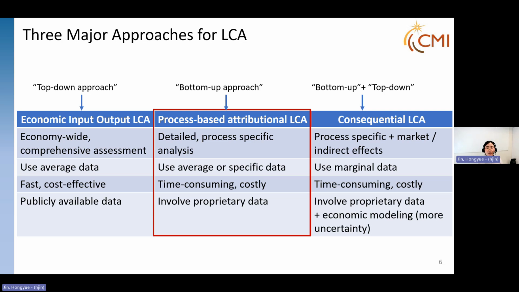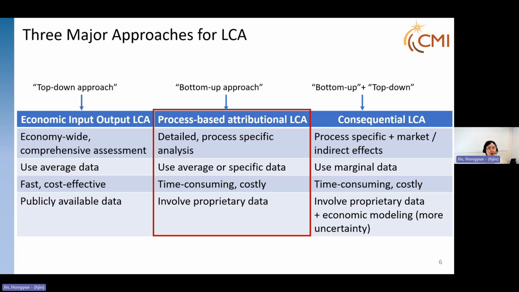One example that can differentiate the economic input-output LCA and process-based attributional LCA is the iPhone versus Android phone. In economic input-output LCA, we cannot differentiate the impact of these two products because they are all under the same category of phone, hence cell phone.